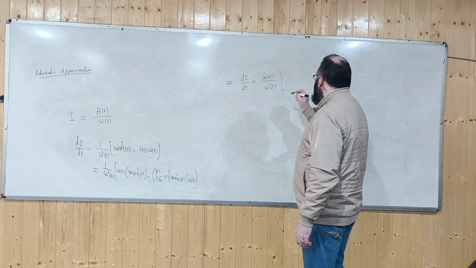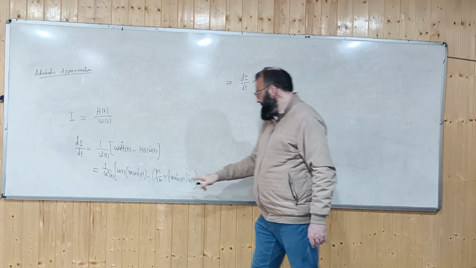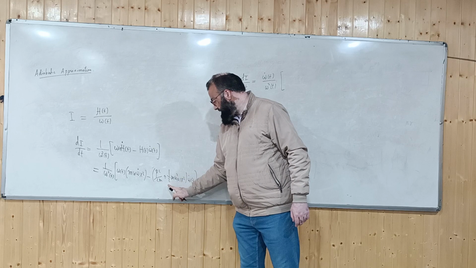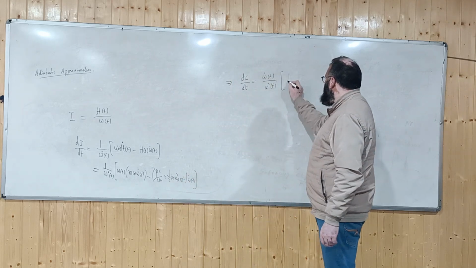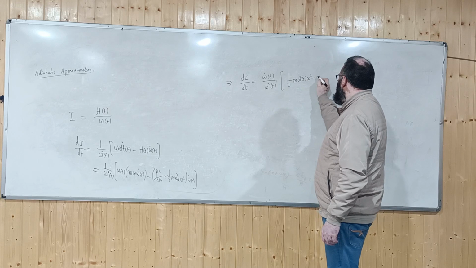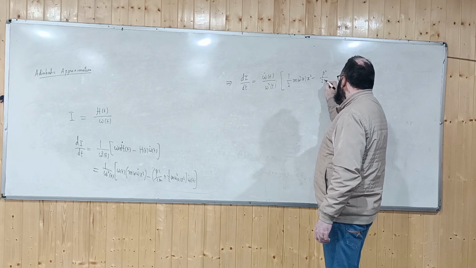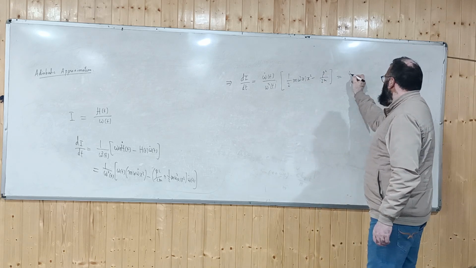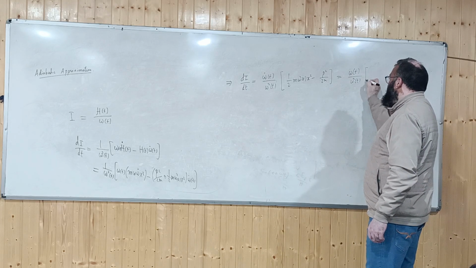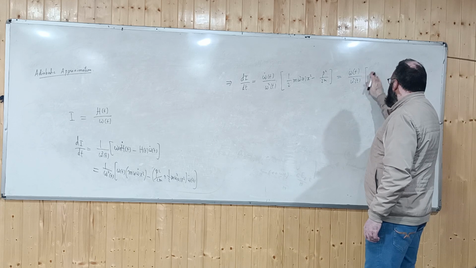So what remains here? Simply look here. It is m omega square x square minus half of it, so simply half of m omega square x square minus p square by 2m.